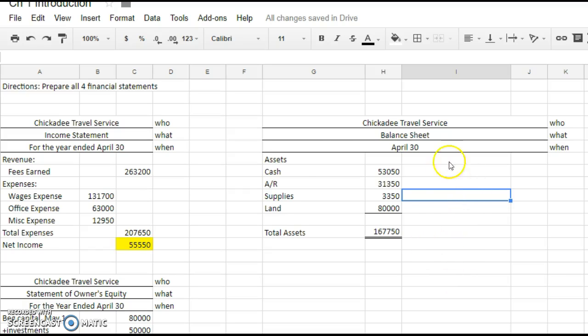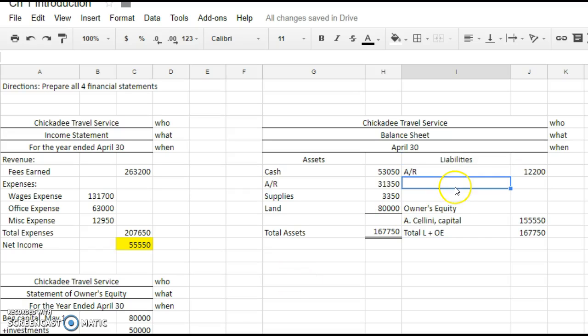Now we have to go ahead and list our liabilities, but let me go ahead and center that first. All right, liabilities. So the next thing you have to do is calculate your total liabilities. Since there's only one, we only have to put it over here. If you had, oops, that's accounts payable. If you had more than one liability, then you would list them and put them in the first column and then put your grand total over here.